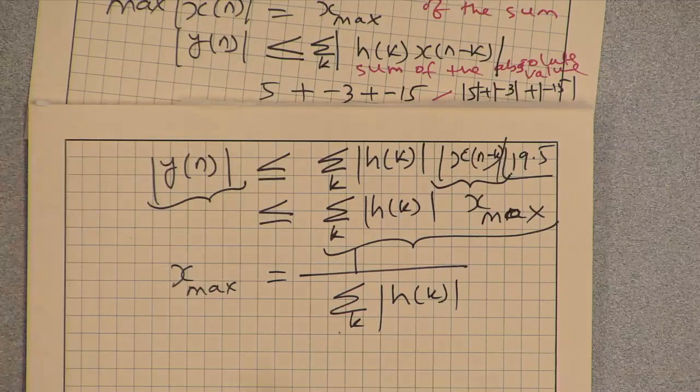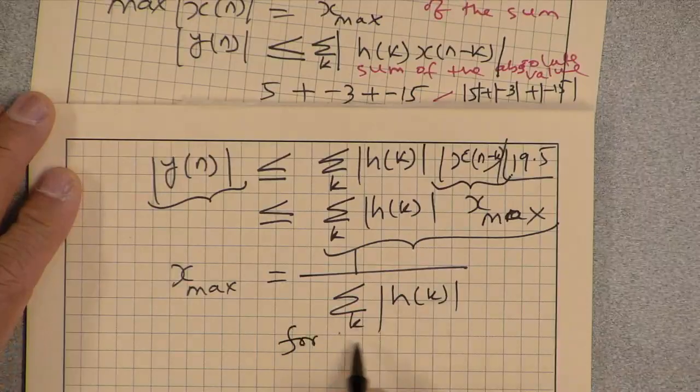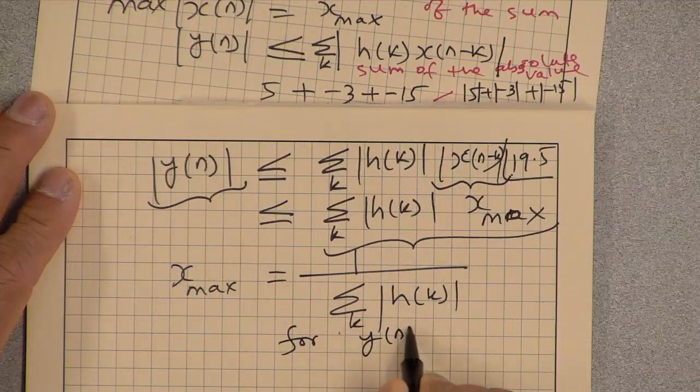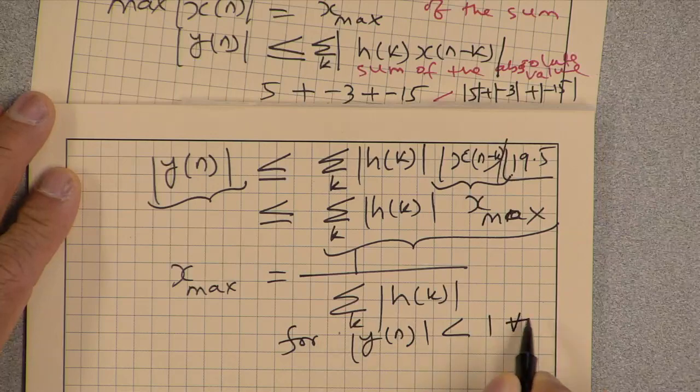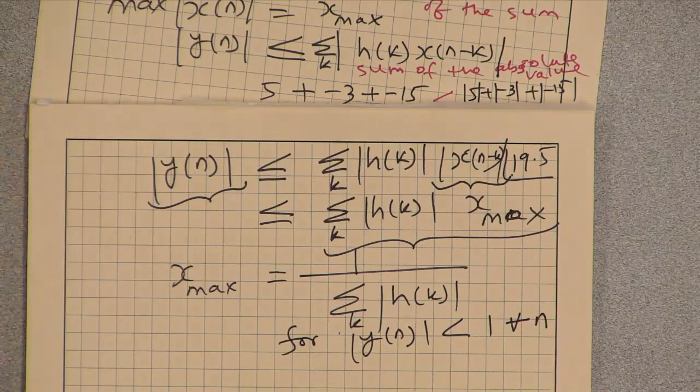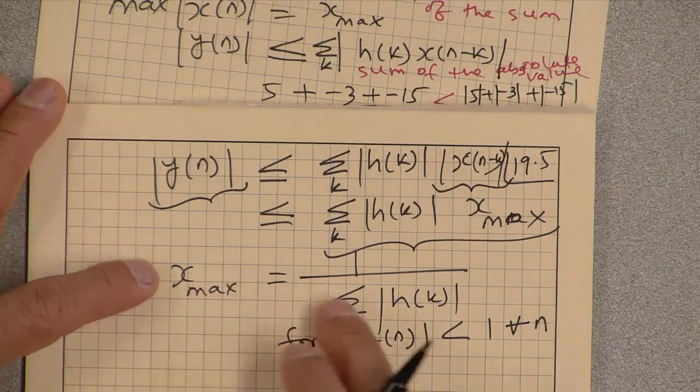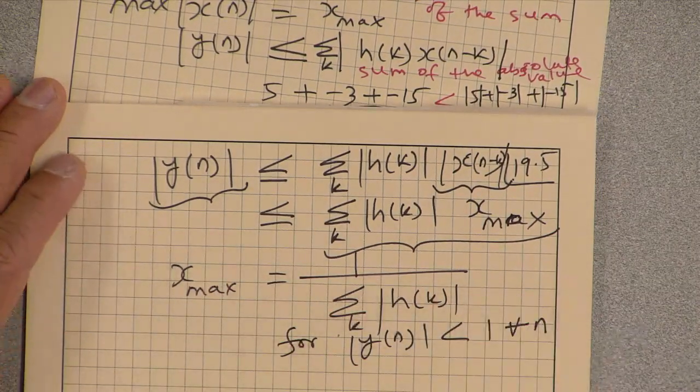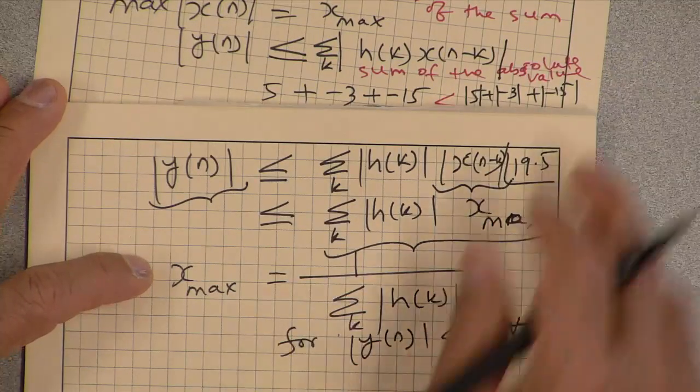That is for the magnitude of yn to be less than 1 for all n. So if we want to make sure for all n the absolute value is less than 1, then x max should satisfy this equation.